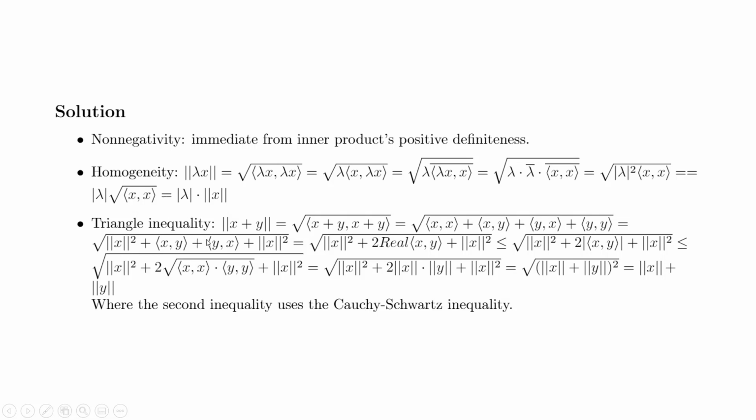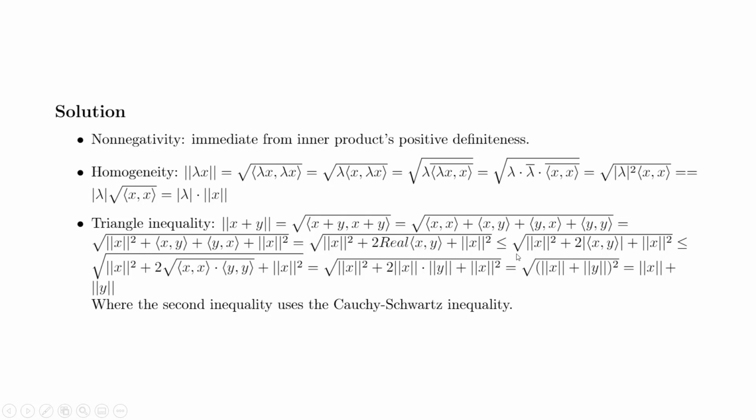The triangle inequality is as follows. The norm of x plus y would get you up to this part using only simple cosmetic changes. Then in this part, we flipped y and x to x and multiplied y conjugate due to the conjugate part of the inner product, giving us 2 of the real part of the inner product of x and y.